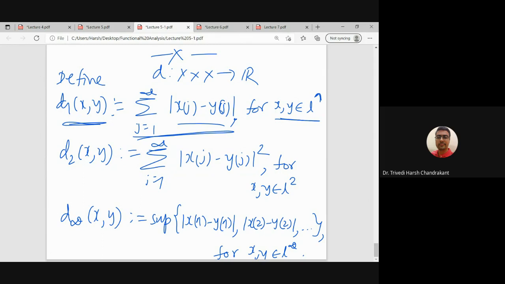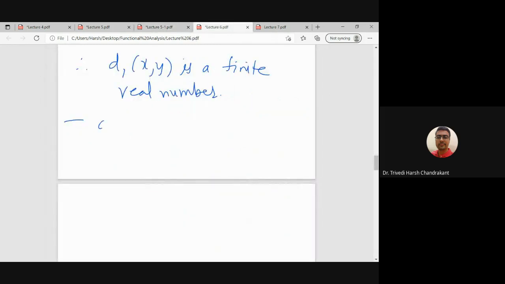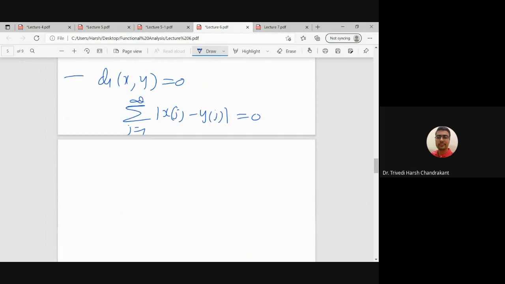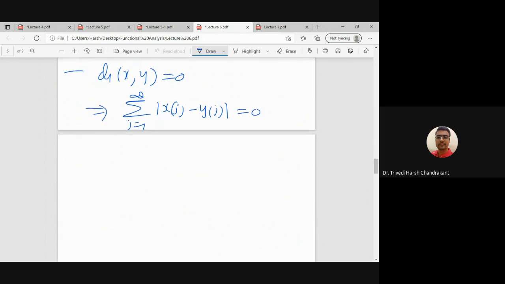And d1 of xy is 0 means x is exactly y, right? That is also clear because d1 of xy is 0 implies the summation is 0, right? And if this is 0, then each coordinate is 0.